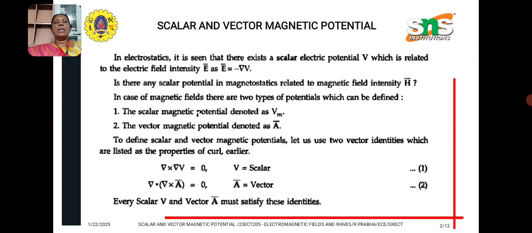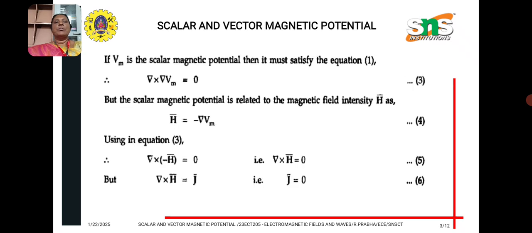So every scalar V and every vector A must satisfy these two relations. Considering Vm as scalar magnetic potential, it must satisfy del cross del Vm is equal to 0. But the scalar magnetic potential is related to the magnetic field intensity by the relation H vector is equal to minus del Vm.